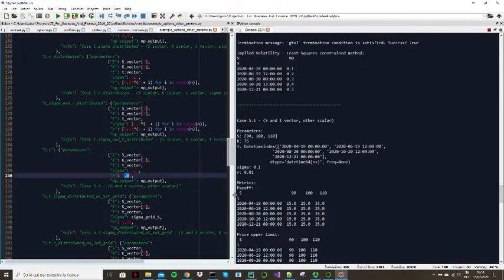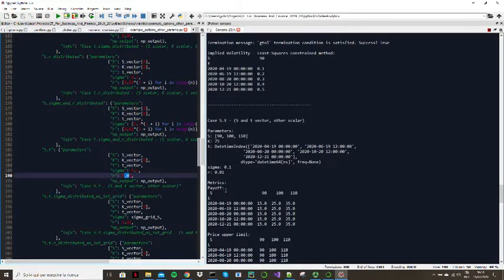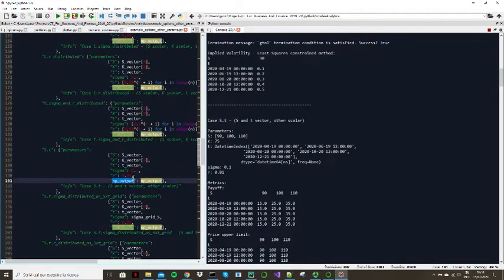The output is either a pandas data frame or a NumPy ndarray, according to whether the NP output flag is set to false or true. If you want a pandas data frame, the structure you get is a pandas data frame with the vectorial parameters organized in surfaces.